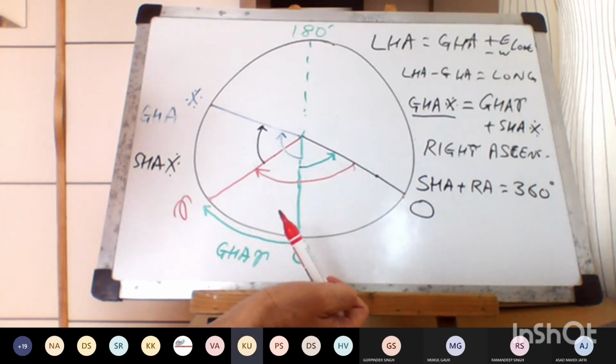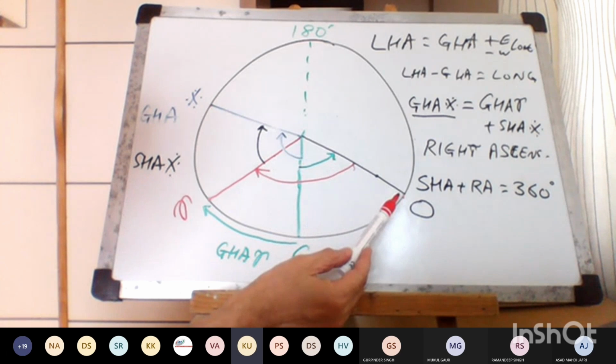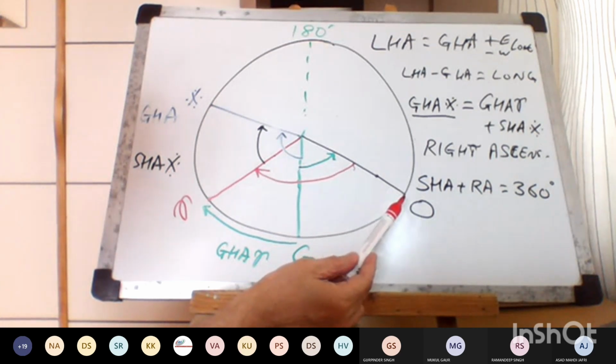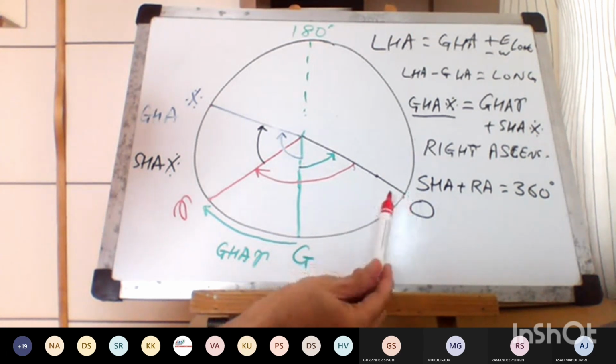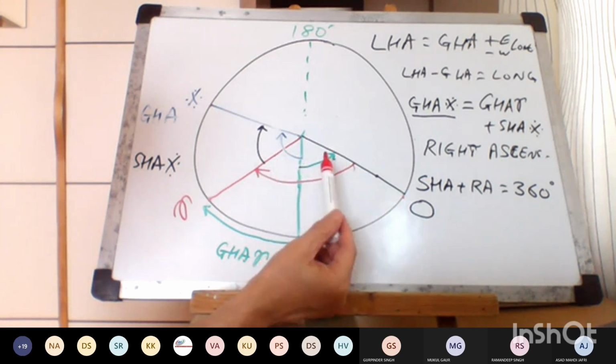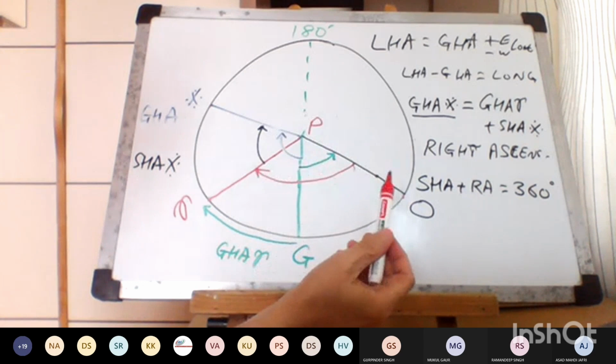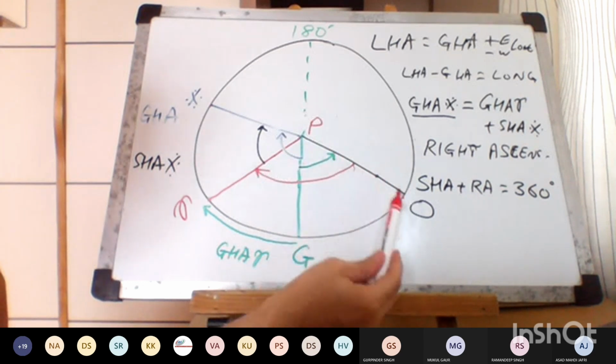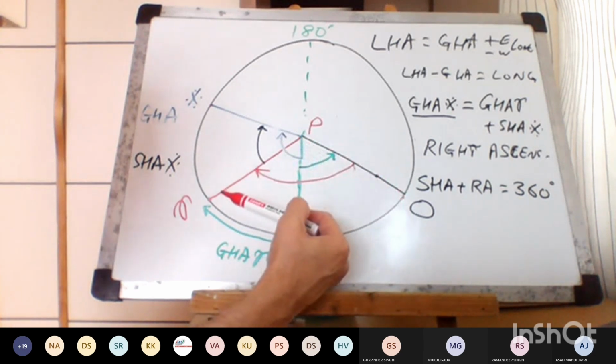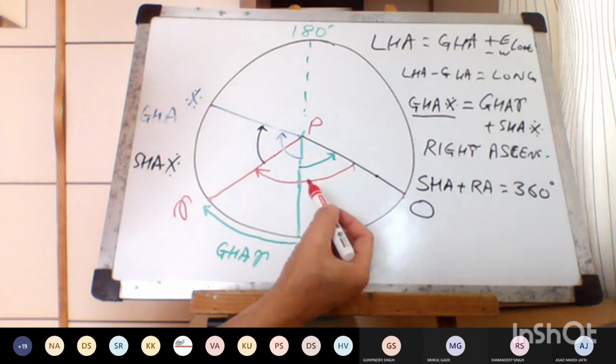LHA. LHA Iris, because it is the arc of the equinoctial or angle at the pole. Remember, this is the pole. Between the meridian passing through the observer and the meridian passing Iris, measured westwards.